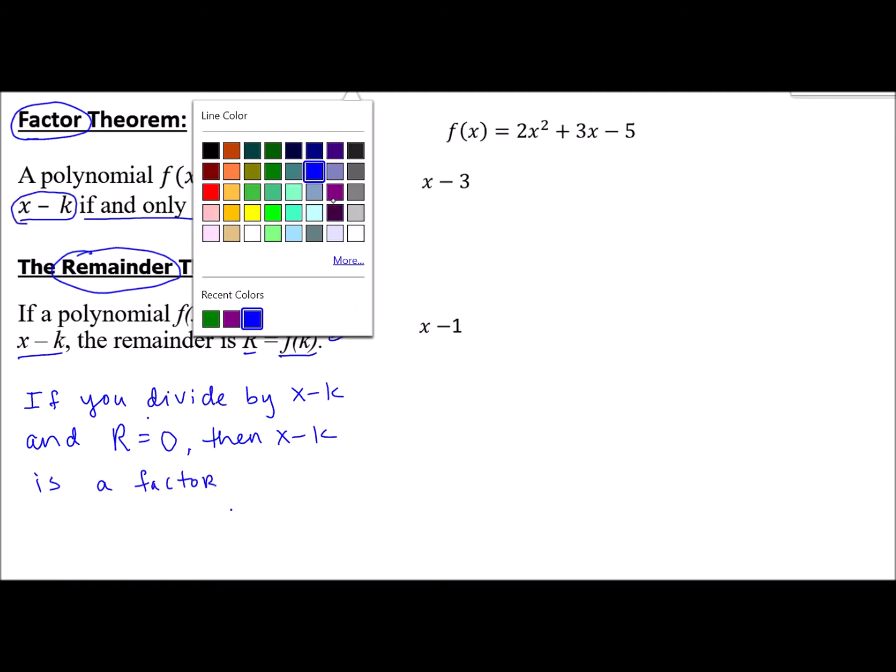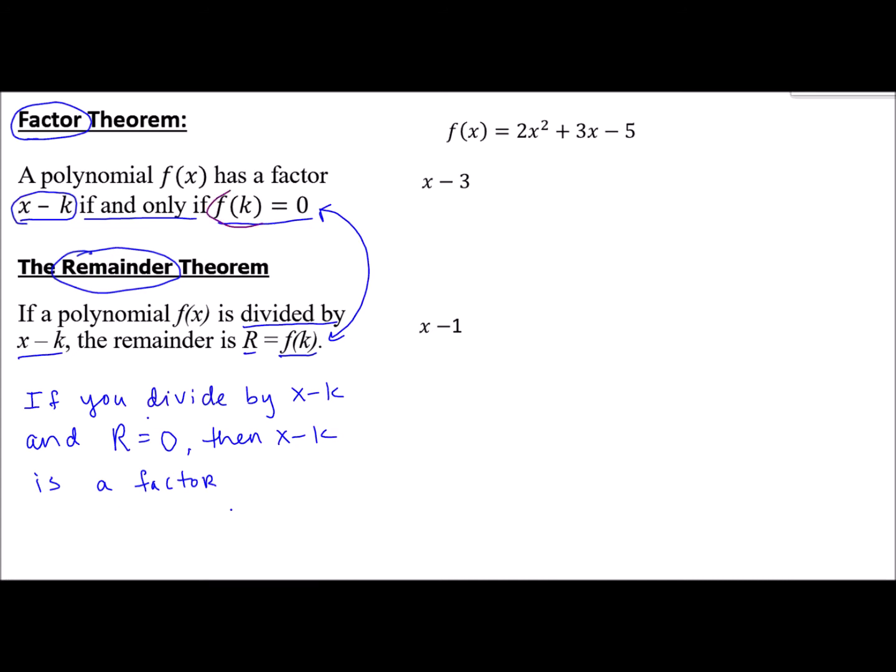So here's basically what I did. I took this idea with this idea and joined them together to make that. So the easiest way to do this is with synthetic division.